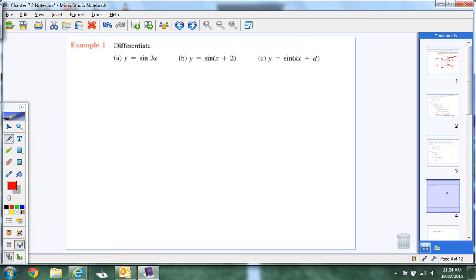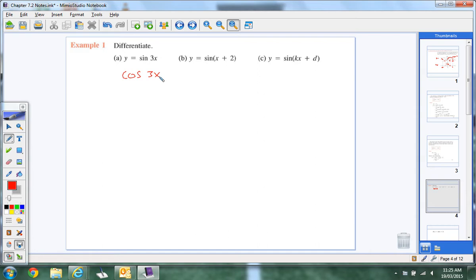Now, I know we're still a little bit foggy or not comfortable with chain rule, but when you take derivatives of trigonometric functions, you have to chain rule with what they're being sine of. We know the derivative of sine is cosine. So I'm going to write cosine 3x, and I have to chain rule what's inside the sine.